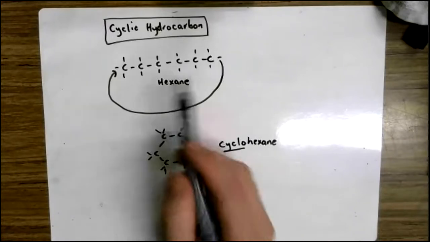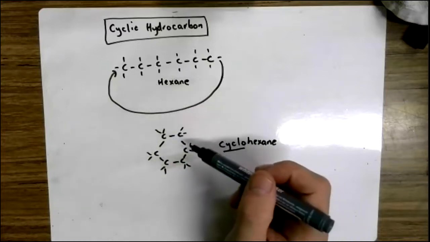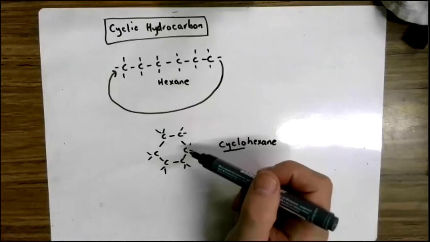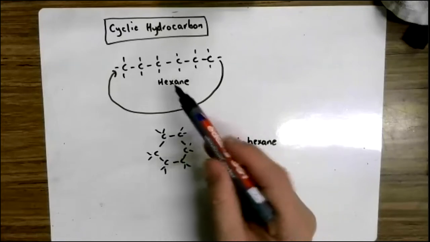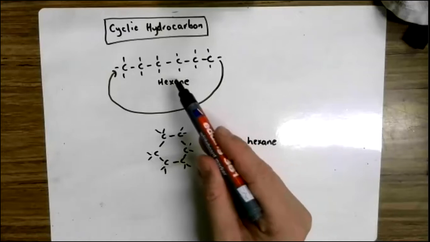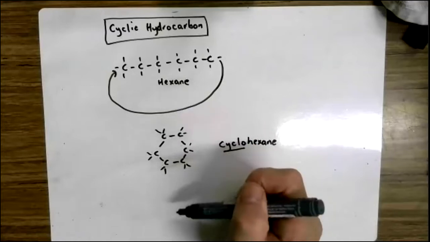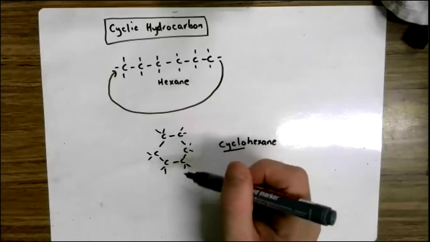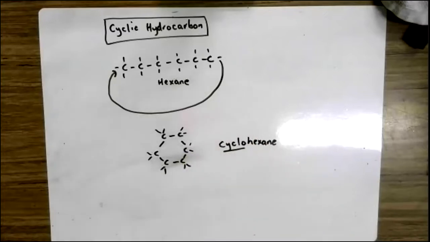That means it's still technically a type of alkane. So we would expect it to be very similar in properties to this alkane, because it's got 6 carbons and it's the same functional group, which means we'd expect its reactions and properties to be very similar.